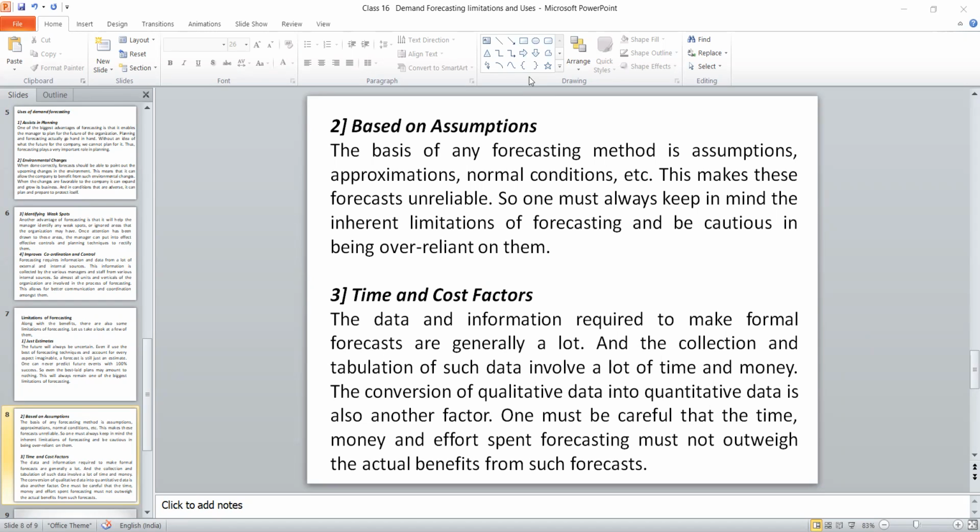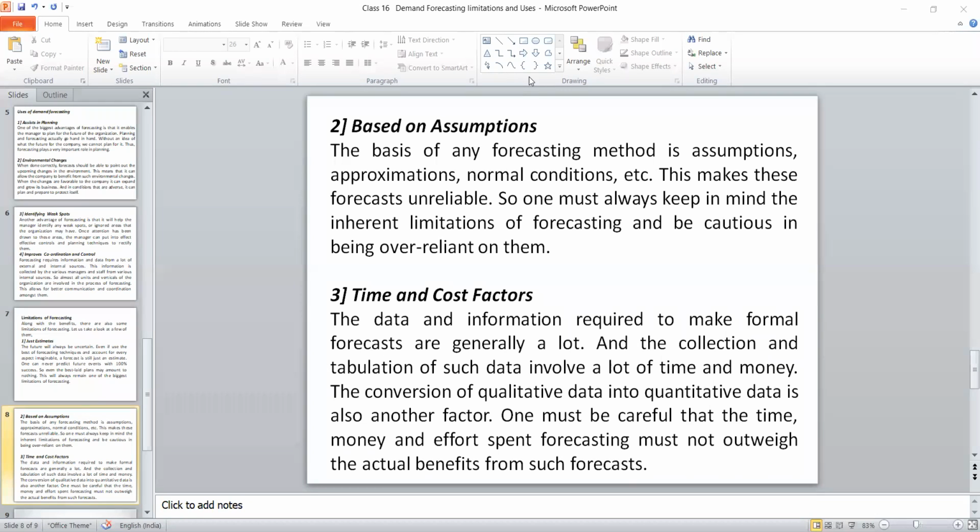Based on that assumption only, we forecast what the future sale will be. When normal conditions do not exist, it is not possible that there will be a normal situation. So based on certain assumptions only, we can forecast the future sales. So it may not be reliable, it may not be feasible. Sometimes it will give a negative result. So this is an inherent limitation of forecasting, and overestimation or underestimation is quite possible, because only on certain assumptions are we projecting the future sales.